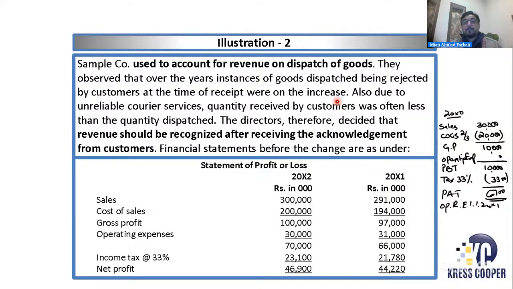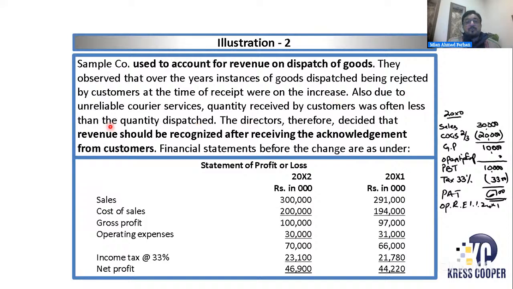So obviously, if the goods have been lost on the way or damaged during transit, those goods would be returned or would not be considered as your sales revenue. So the sales revenue would obviously be reduced because of such a change in accounting policy.